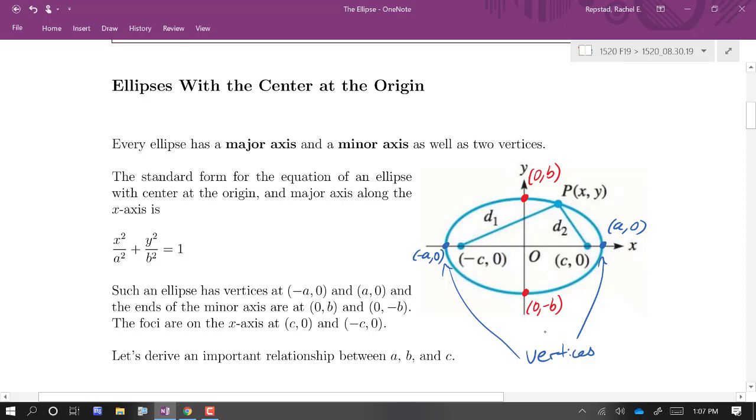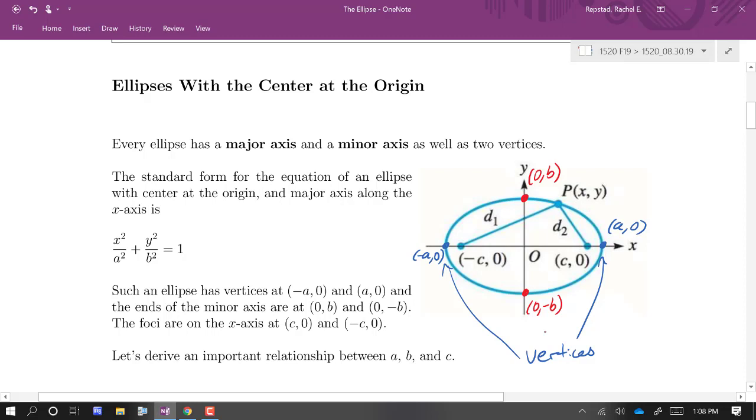It is not at all a coincidence that this a and the b, as I mark them here, are the values of a and b as they appear in this equation. So if I have an equation in this standard form, I know where the vertices are and where the ends of what we call the minor axis are. An ellipse has 2 axes of symmetry.